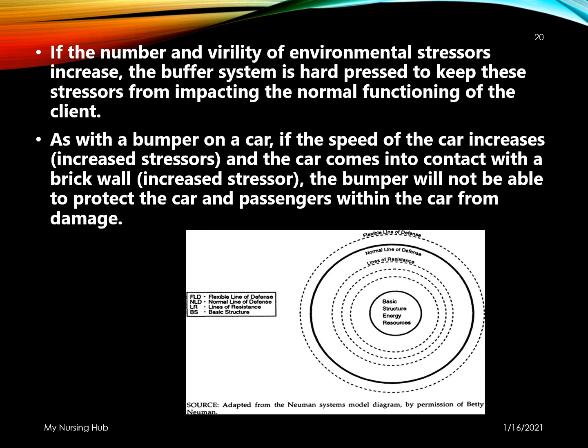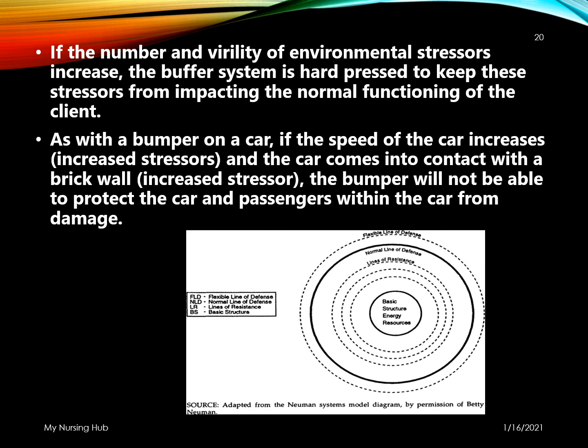For example, as with a bumper on a car, if the speed of the car increases and the car comes into contact with a brick wall, the bumper will not be able to protect the car and passengers within the car from damage. If the speed of the car is increased, that means increased stressors.